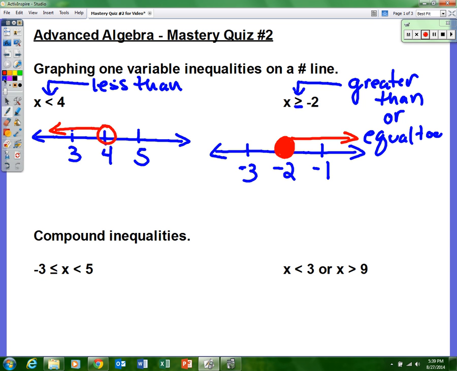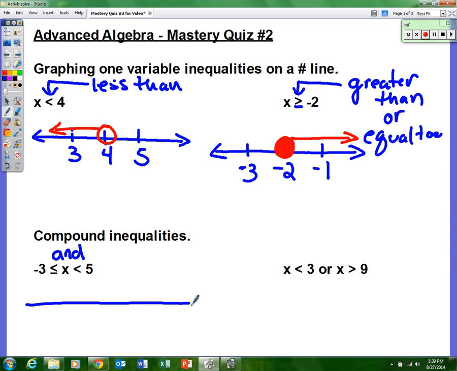Okay, the next 2 are called compound inequalities. The first one says -3 is less than or equal to x, which is less than 5. Now, in this situation, this is an and. -3 is less than or equal to x, and x is less than 5.